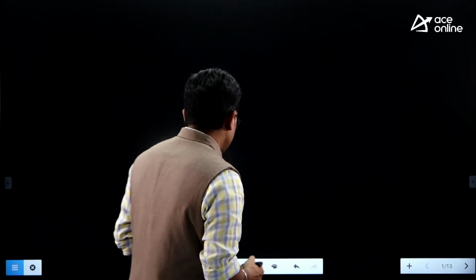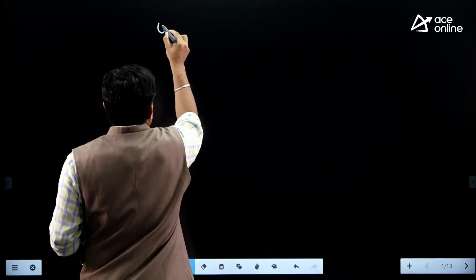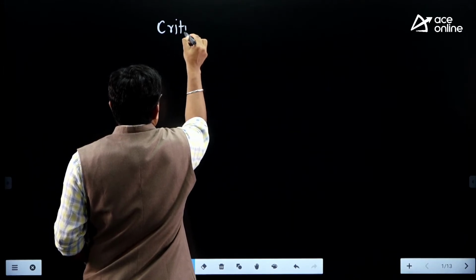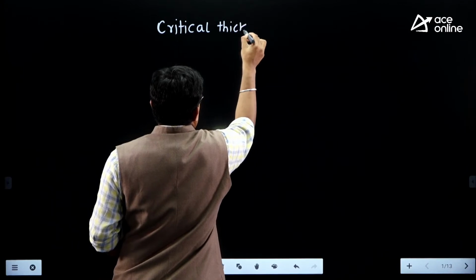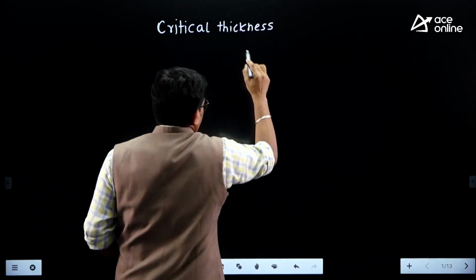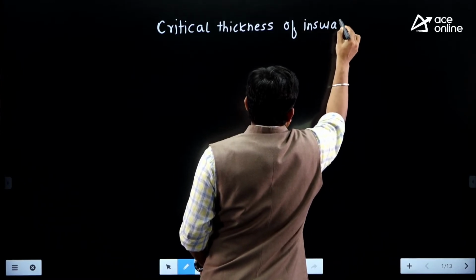So our topic is critical thickness of insulation. Okay.